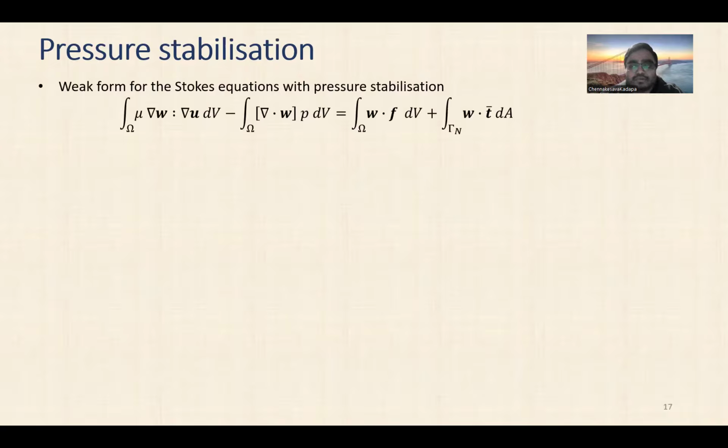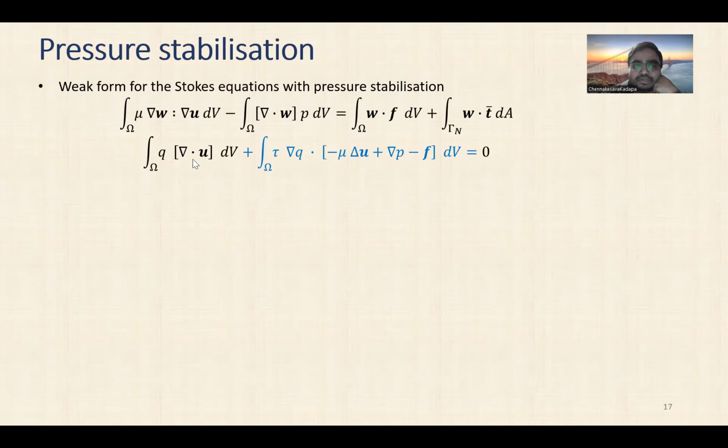So what we do here, on top of our weak form, okay, this is our weak form for the momentum equation. This doesn't change, because the zero diagonal is from the second term, that is the incompressibility constraint.